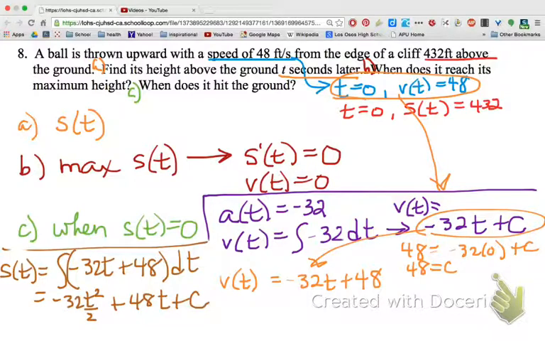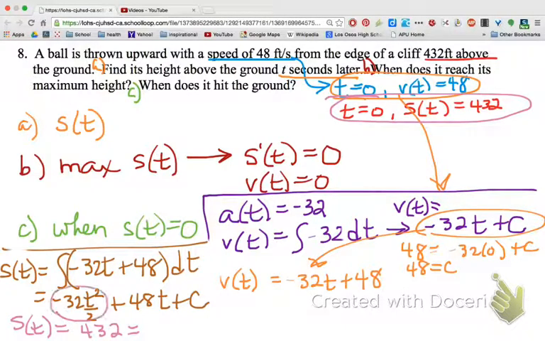And again, I need more specific if I'm going to be able to actually find the specific s of t. And so I have this information here. So 432 is going to equal, now if I plug 0 in there, that'll be 0 plus c. So c is 432, which means my position function, oh, that's what they wanted for A, is negative 32, oh, let's do 16, right?